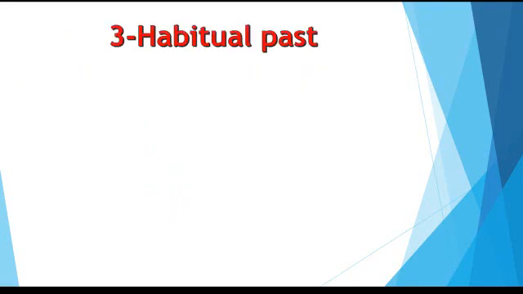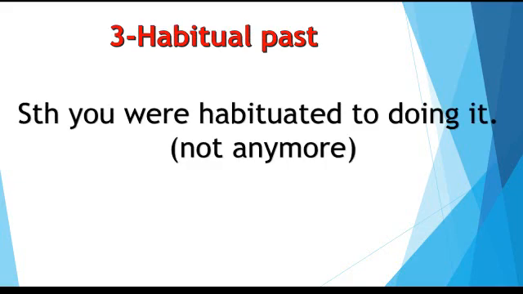The third use of the past simple is the habitual past, or the past habit. This one is absolutely vitally crucial. It means that if you were habituated to doing something, but not anymore, it was a routine, you used to do it regularly, but you're not doing it anymore.